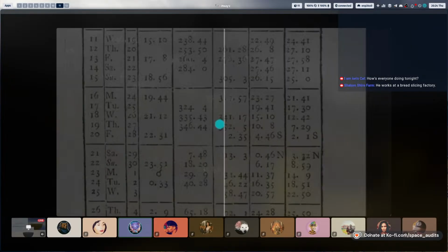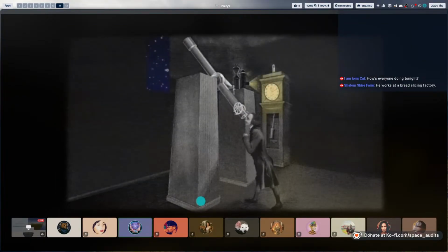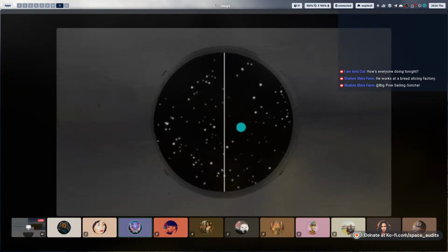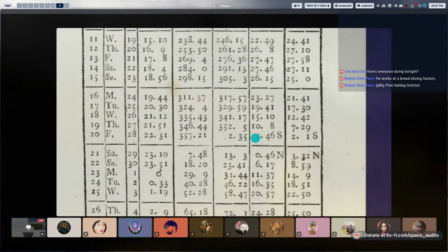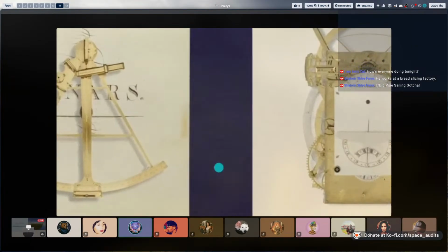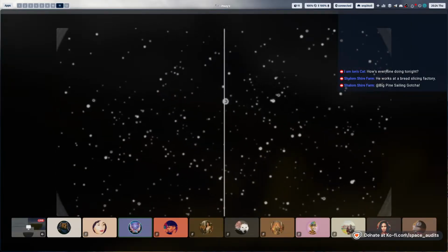They would write down the angle that the star appeared at and the time at which it appeared. Those two observations together give you useful data with which to navigate when you can't see land. If you know where the star will be and what angle it will appear at, you can use that to make measurements and navigate, right?